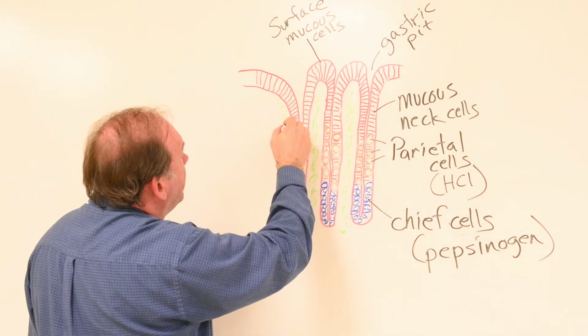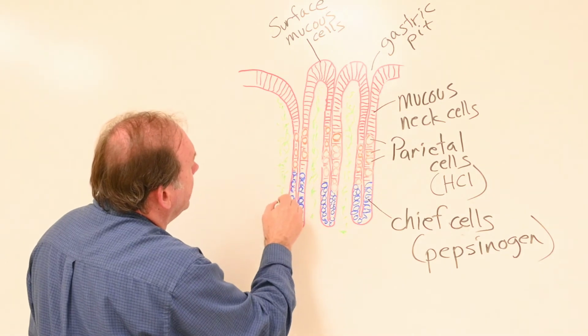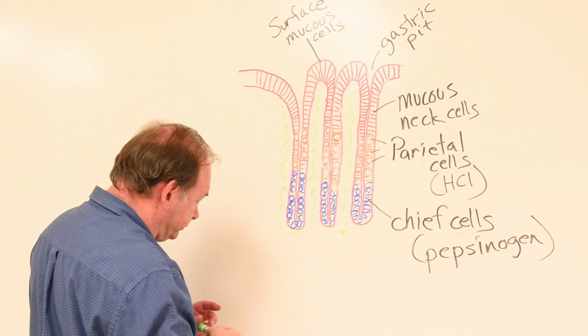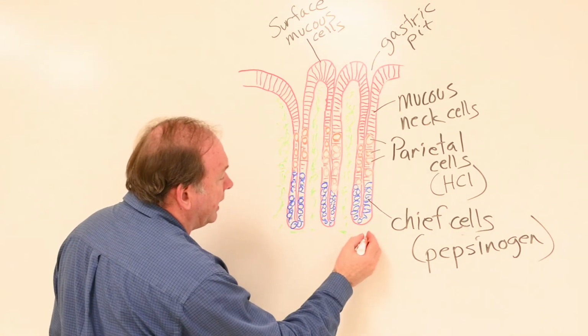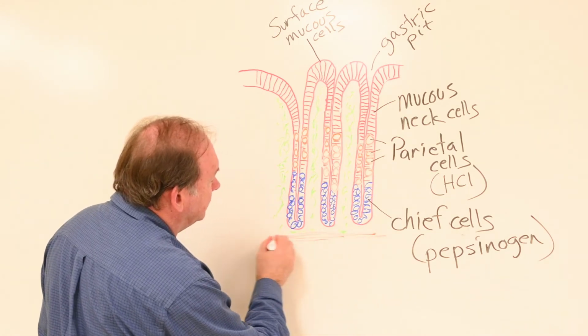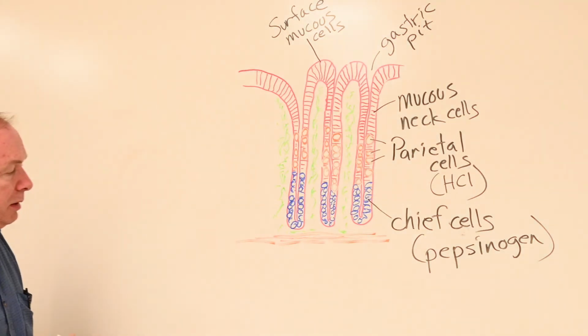So this is the lamina propria, this loose connective tissue layer. Adjacent to that loose connective tissue and the base of these glands, we have a layer of smooth muscle. That's your muscularis mucosa, right along there.